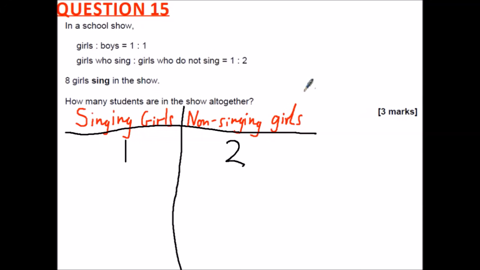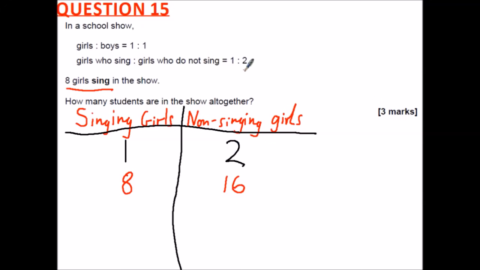But because we're told here that we've got 8 girls that do sing, we can say that this 1 lot of singing girls is worth 8. 1 lot represents 8, and so 2 lots, or 2 groups, whichever way you want to think of it, must represent double this. 2 lots of 8 would be 16.